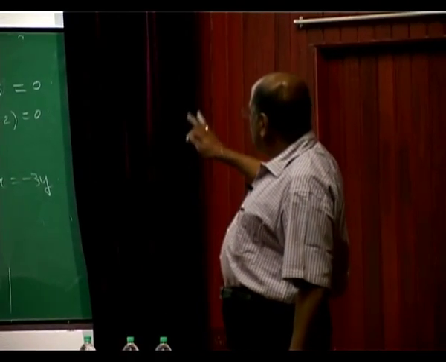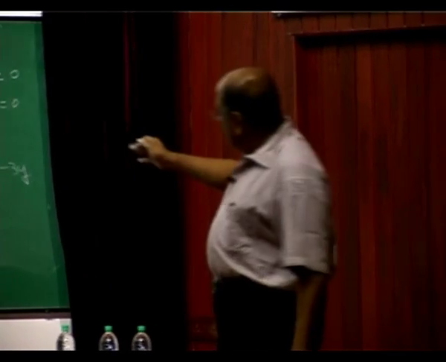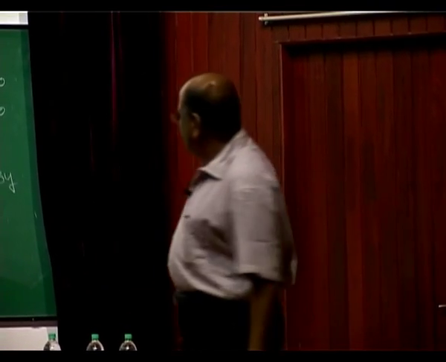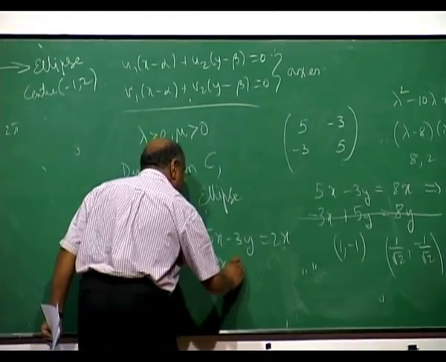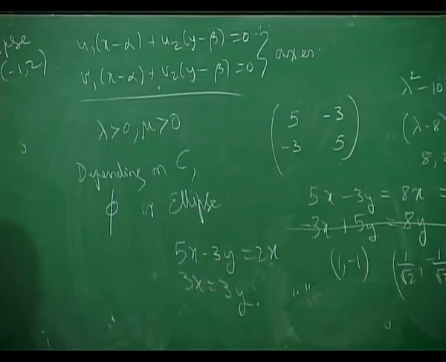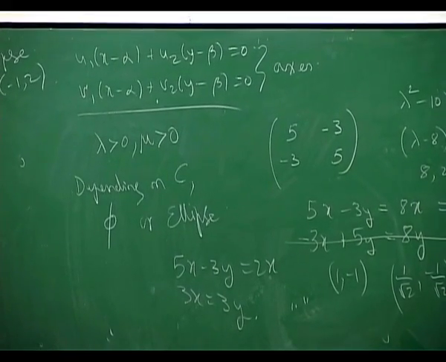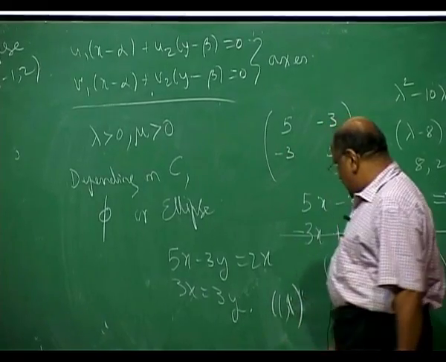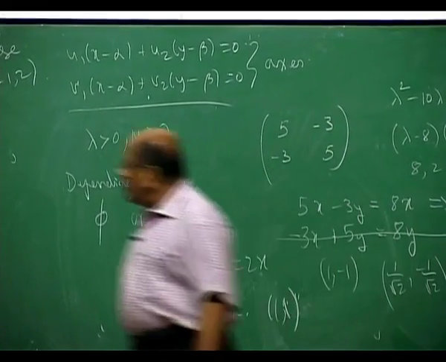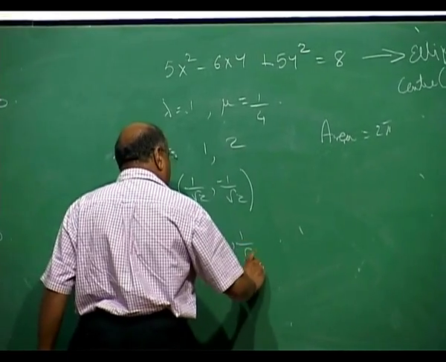Now you get 3x equals 3y, or x equals y. So 1 comma 1 is an eigenvector. I want something of unit length, so 1 by root 2, 1 by root 2.